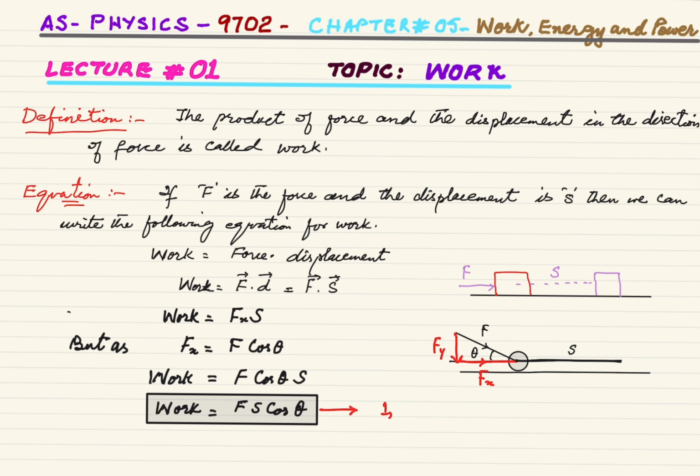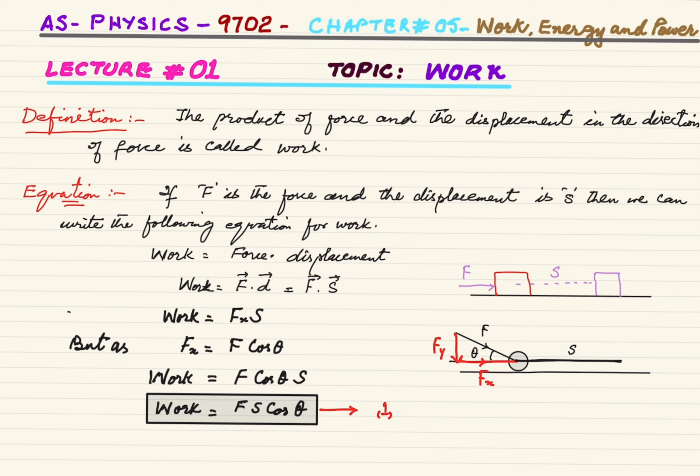Suppose this is equation 1. This is very important: the component of the force in the direction of displacement is our concern. Simply, the magnitude of the work will be equal to force times displacement times cos of theta.